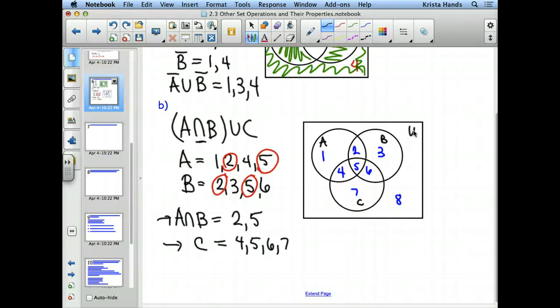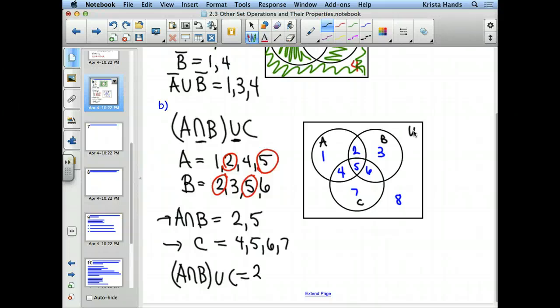What's it say? This one says union, doesn't it? So I'm supposed to take this set that's A intersect B, which was 2, 5, and do the union with set C, which was 4, 5, 6, 7. What does union mean? It means everything. You get everything. So, Kristen, what do I get here?